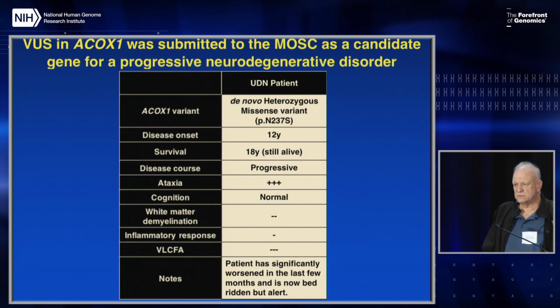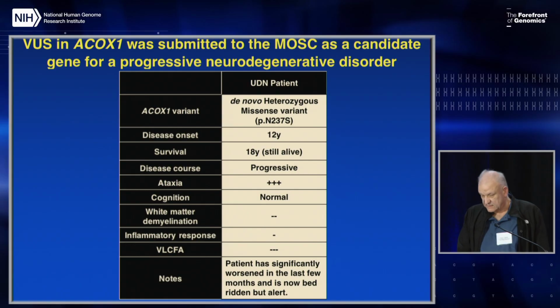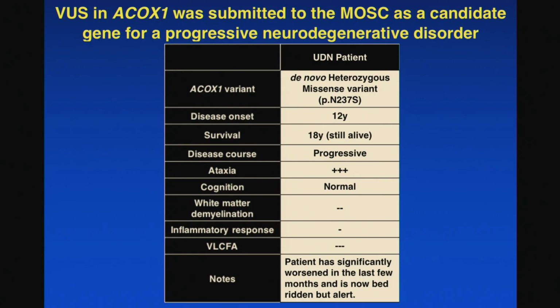So the ACOX1 story, just a few slides, started with a patient that had a de novo mutation, a 12-year-old kid. He's still alive, but he's now quadriplegic and is not in good health.